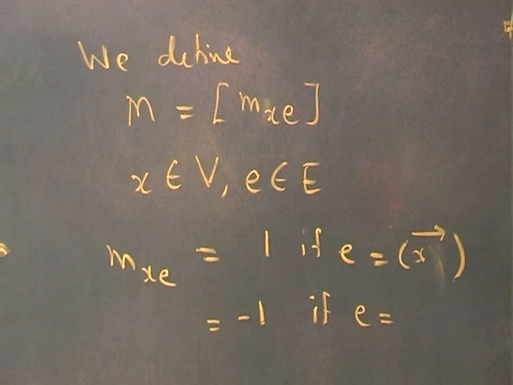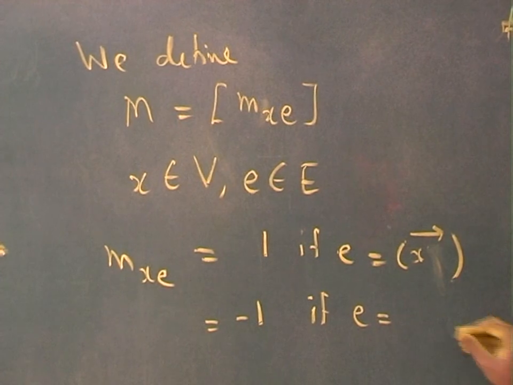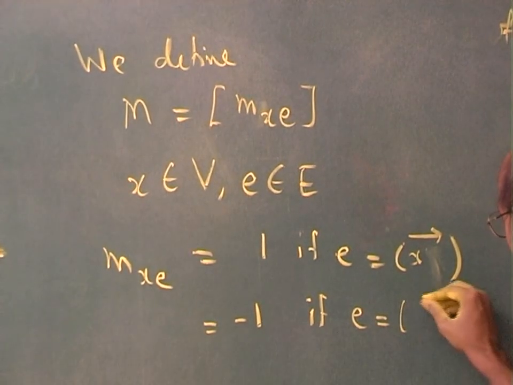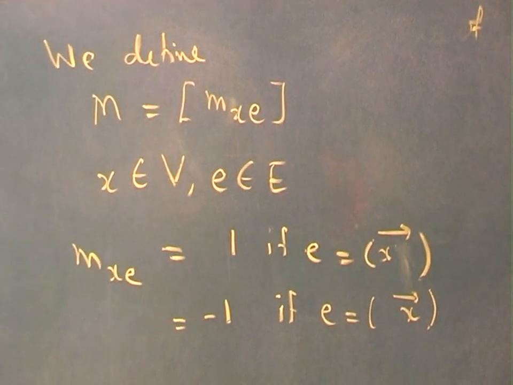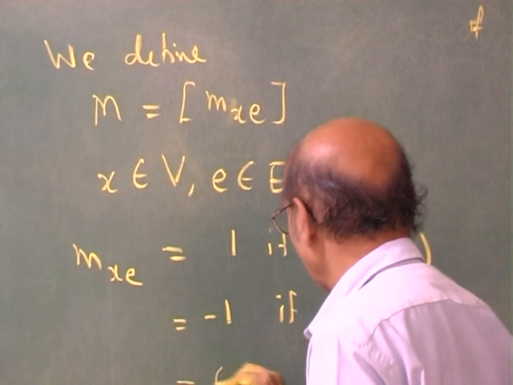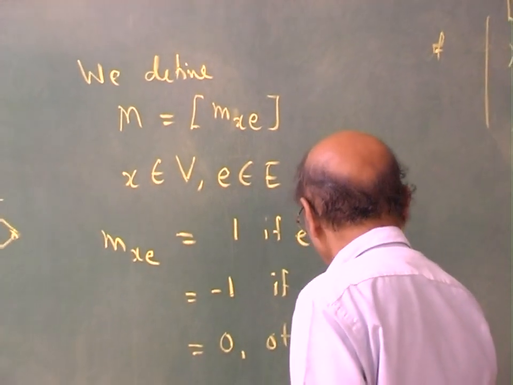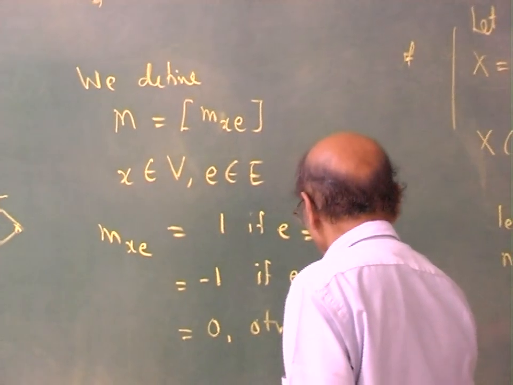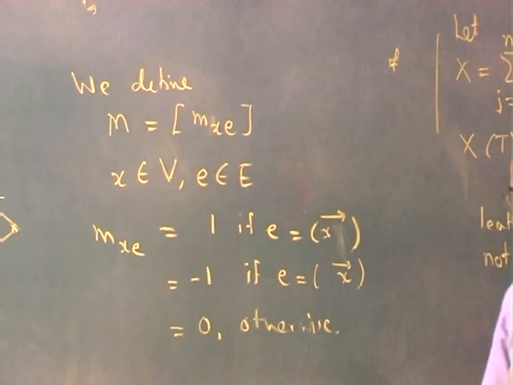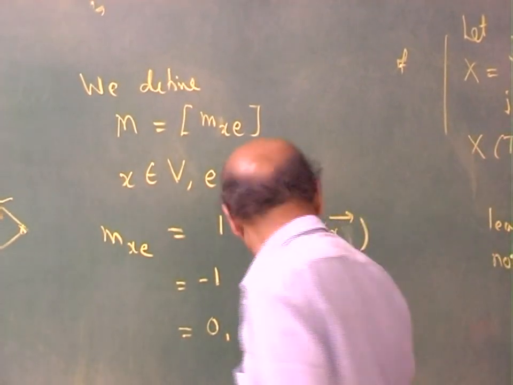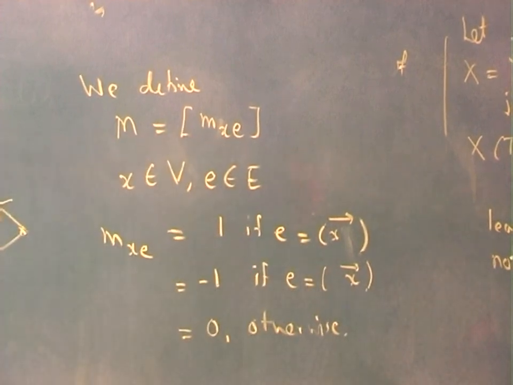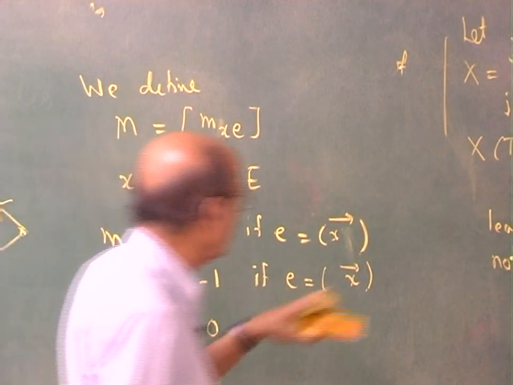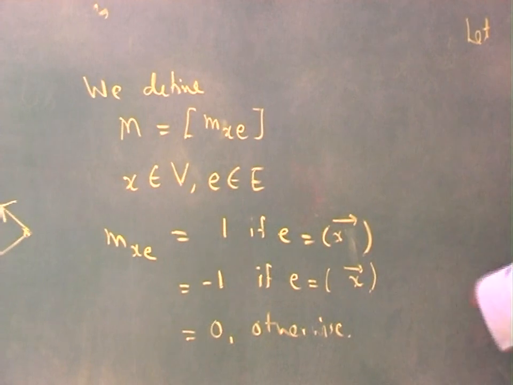I don't care what that other vertex is. Irrelevant. For example, that graph is big. Let me take a smaller graph just to give you an idea of how the incidence matrix is made.